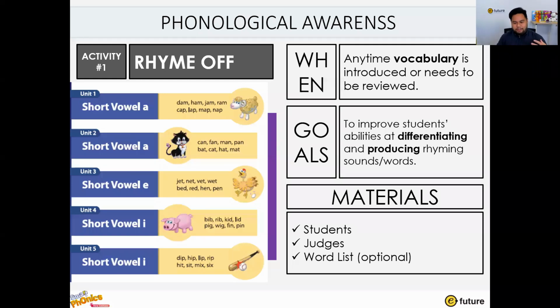You can do this whenever you have vocabulary being introduced or reviewed, and it helps the students differentiate and produce the sounds. This is a low prep game that you can do with your students. All you need is essentially people and maybe a word list.